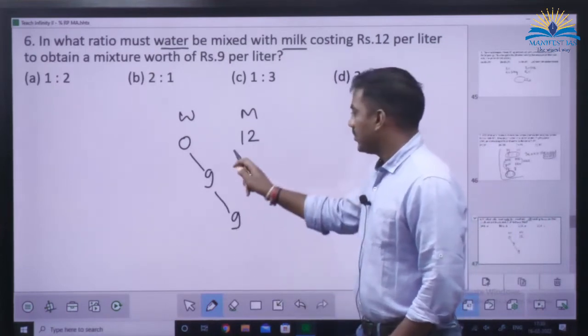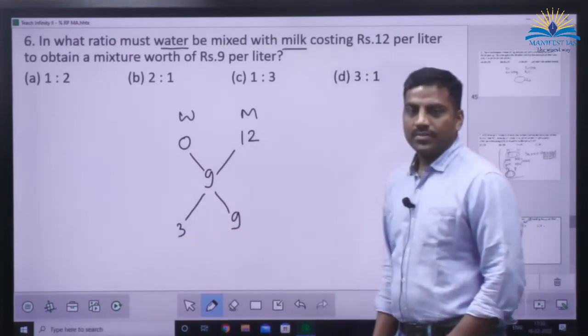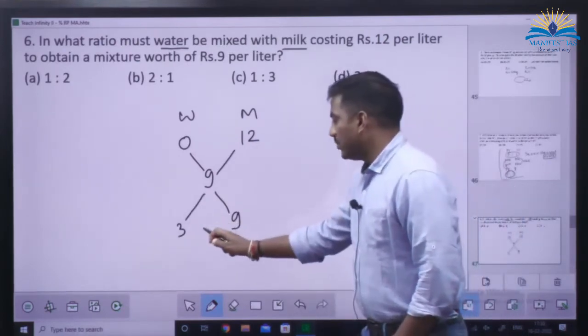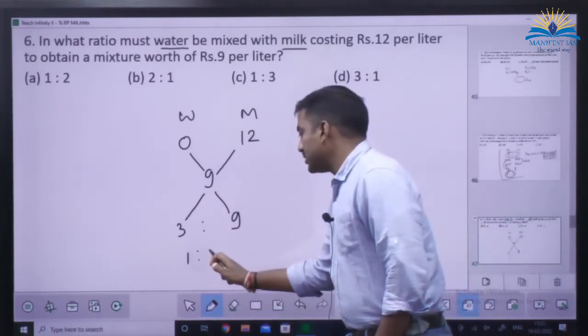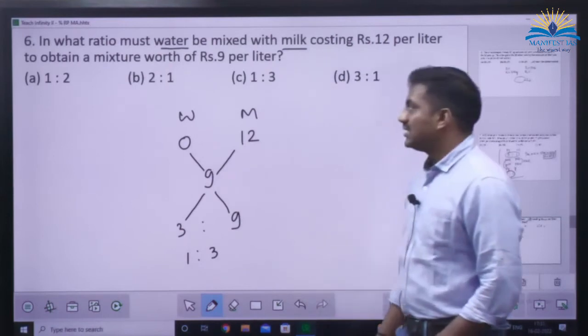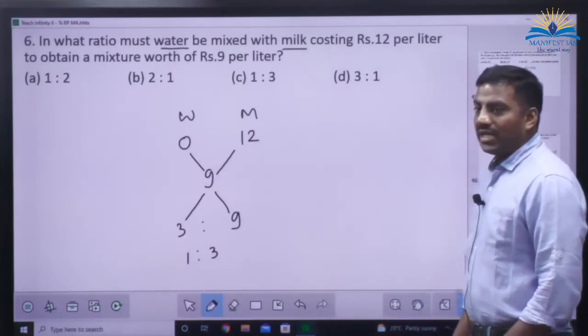9 here, here 3. What is the ratio? 3:9. That means 1:3. What is this? Water to milk ratio.